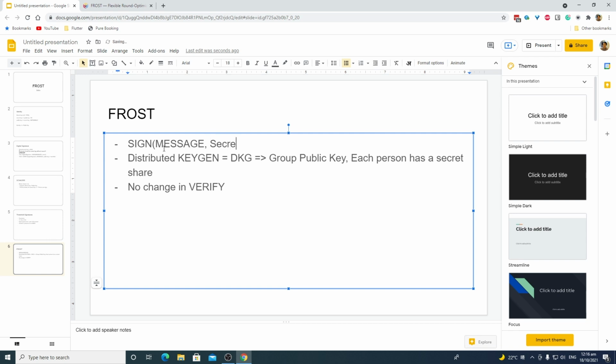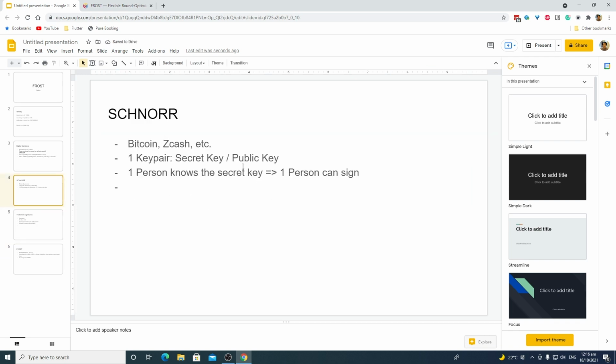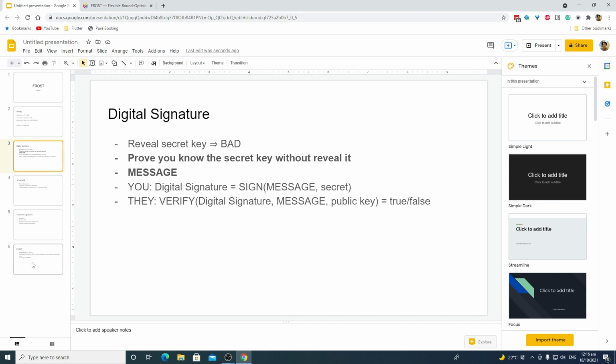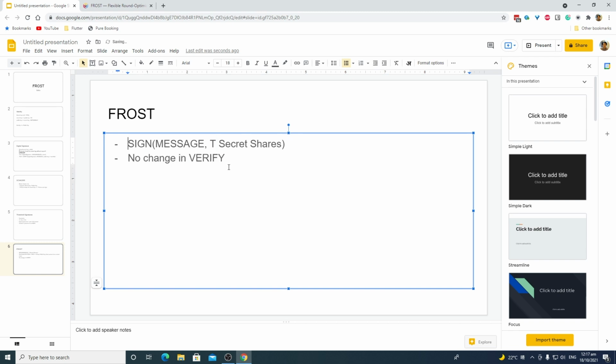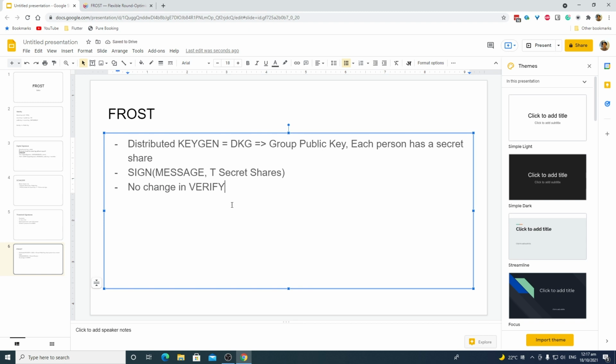So it is an improvement, between quotes, over the previous algorithm, where signing was using a message and a secret. Right, that was the previous sign. Now it's going to be a message and the secret shares together. So we have sign, taking the message and a certain number of secret shares, at least T of them, and this will create the digital signature.